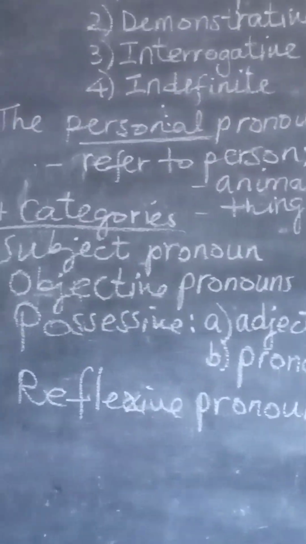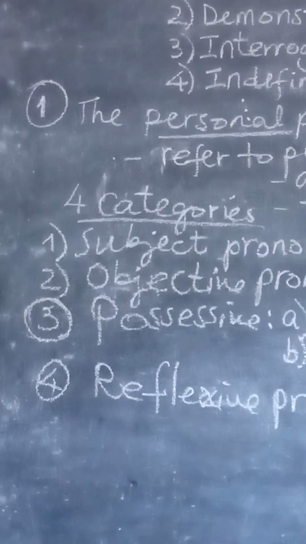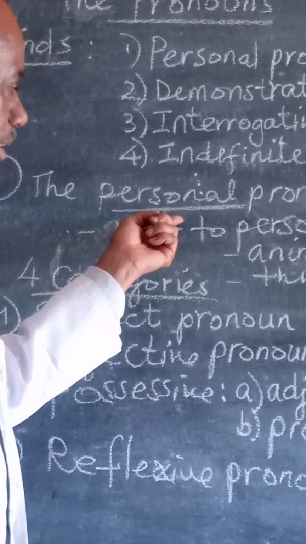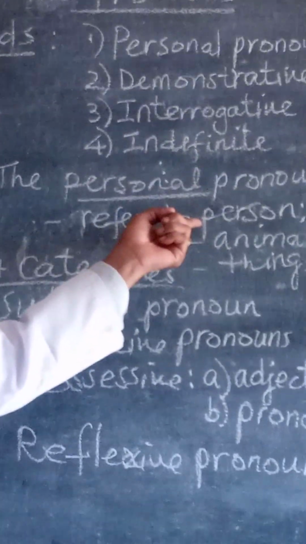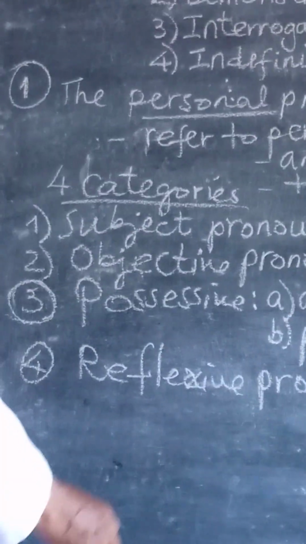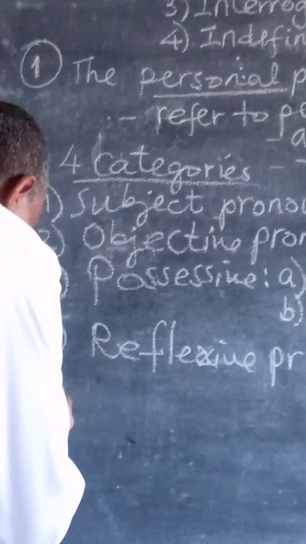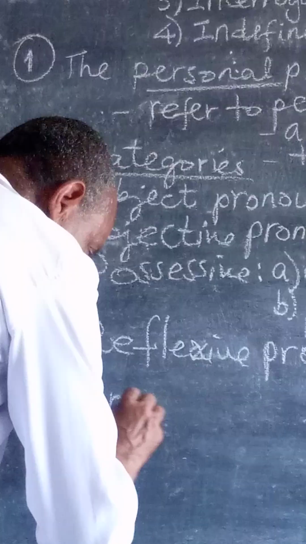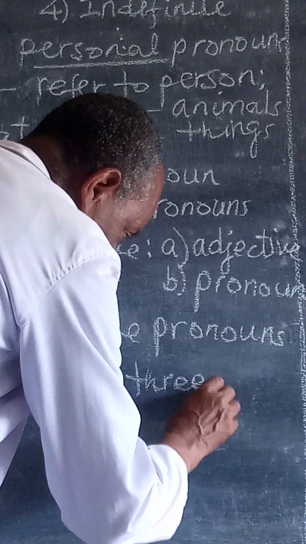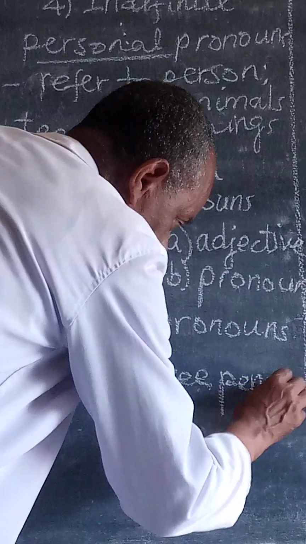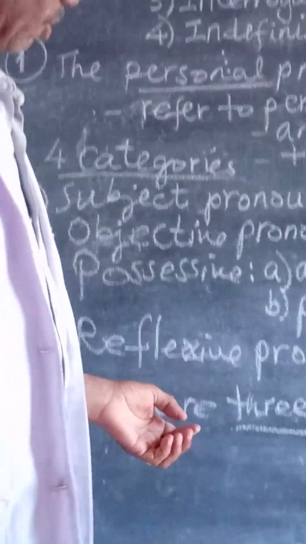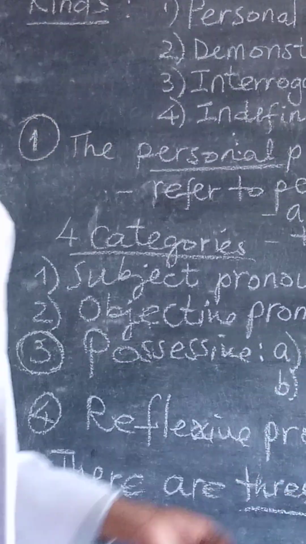The reflexive pronouns. Look, in personal pronouns, it says personal, and it refers to persons. How many persons are there in grammar? In personal pronouns, there are three persons. It's not the physically present persons or the physically appeared persons.